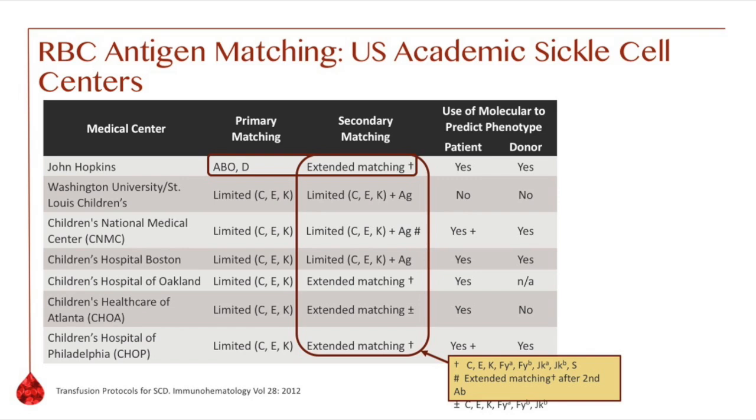Many do extended matching for some or all of the antigens the patient lacks, and some are adding molecular-based testing to determine the phenotype of the patient and the donor units. There is clearly no universal approach to this problem, and prospective randomized trials are needed to determine the best approaches based on clinical outcomes, cost, and feasibility.